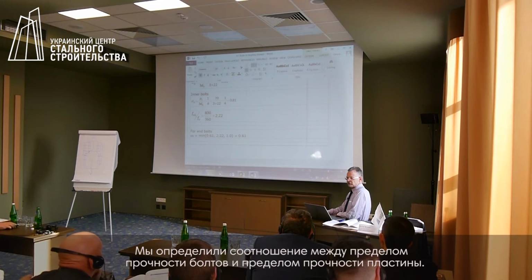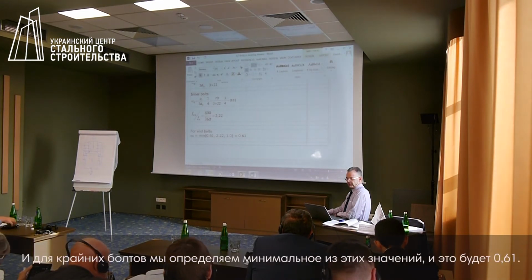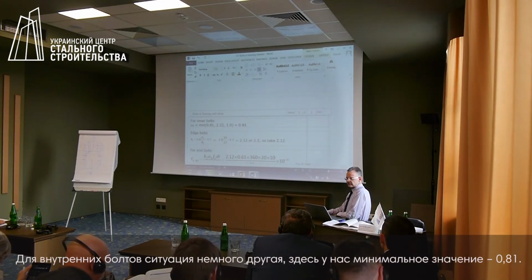We calculate the ratio between the ultimate strength of the bolt and the ultimate strength of the material. And then for the end bolts, we select the minimum value, which in this case is 0.61. For the inner bolts, it's slightly different. The minimum value is 0.81.